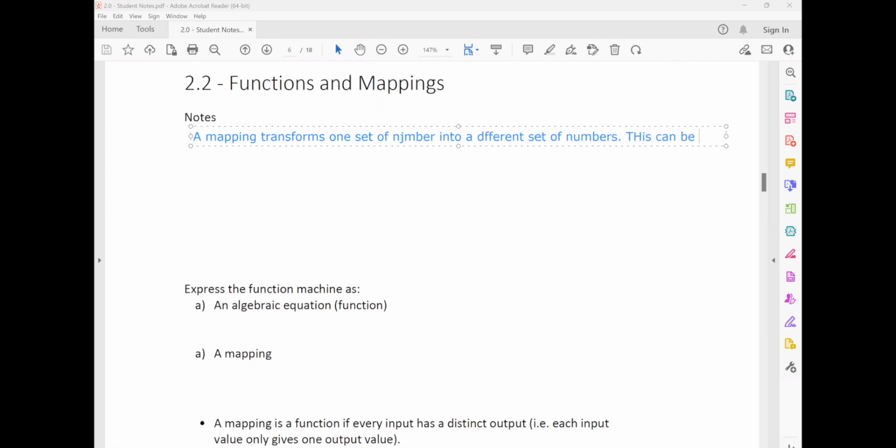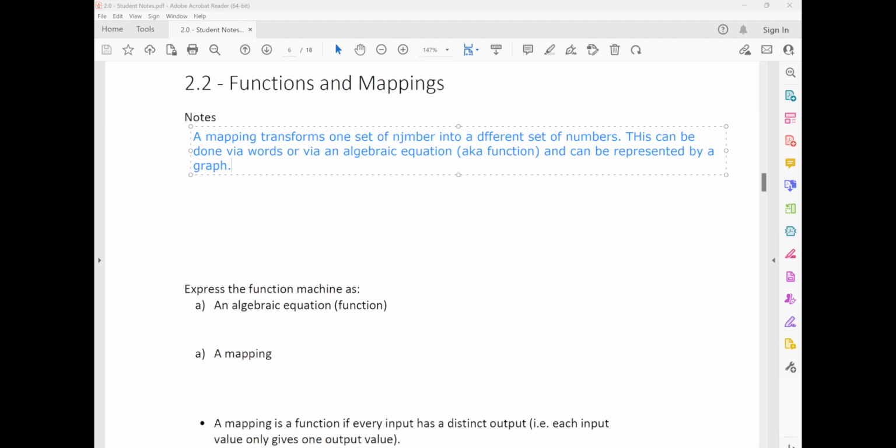This can be done via words or via an algebraic equation, aka a function, and can be represented by a graph.